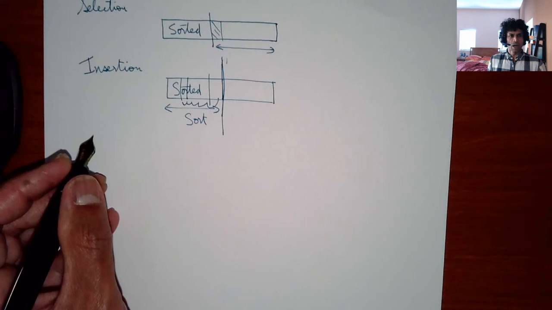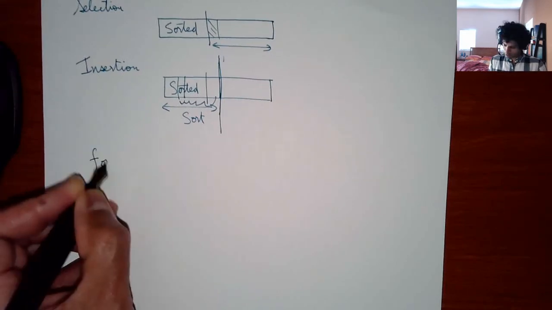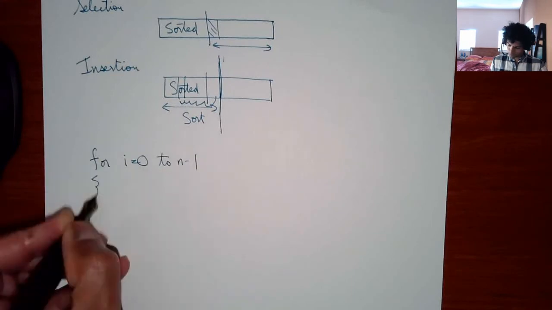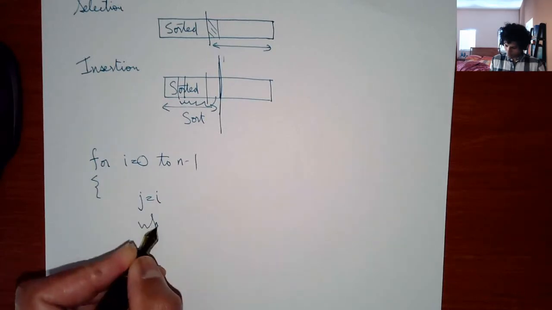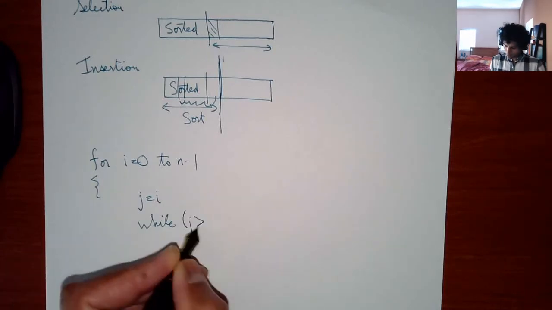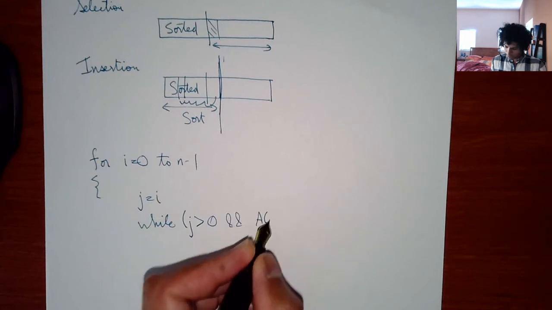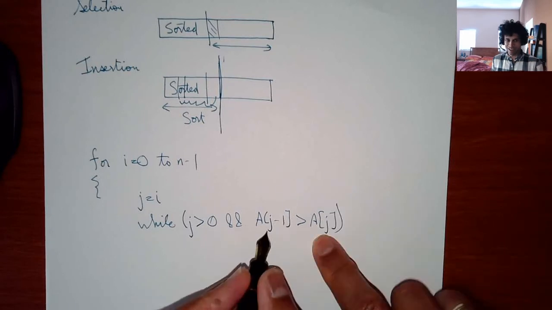So I just want to write this code down so that we have it, and then we'll come back to it later. I'll say for i going from 0 to n minus 1, I'm going to initialize j to be i, and I'll say while j is greater than 0 and a of j minus 1 is greater than a of j. This means that it's not sorted.